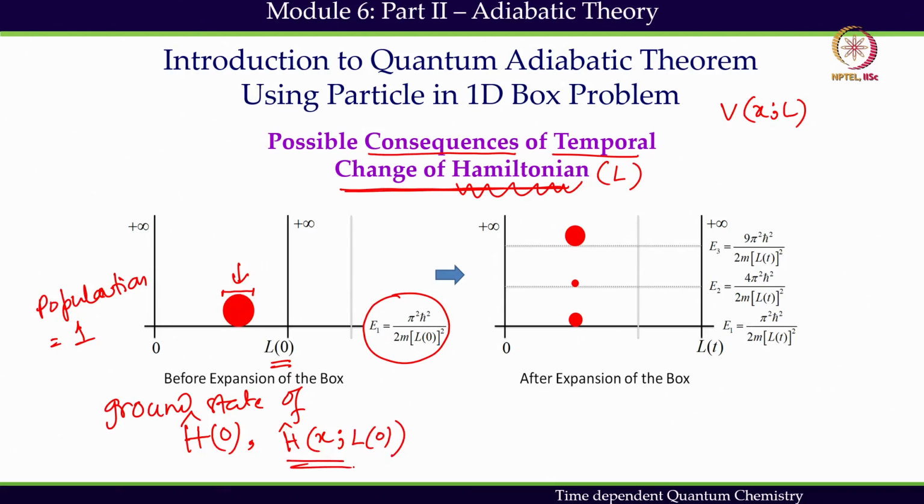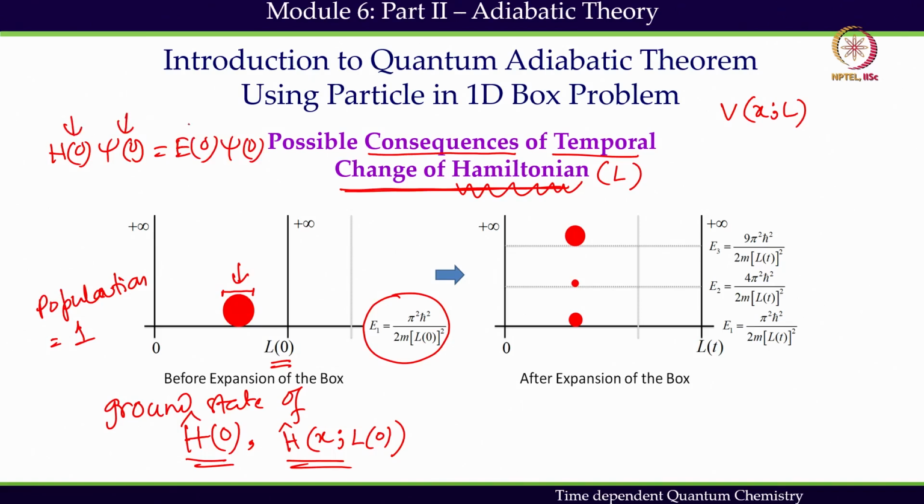That's the Hamiltonian we have. So at t equals 0, the Hamiltonian would be H0, and for that H0 I will have this equation: H0 psi 0 equals E0 psi 0. Here I am just not mentioning the coordinate space.